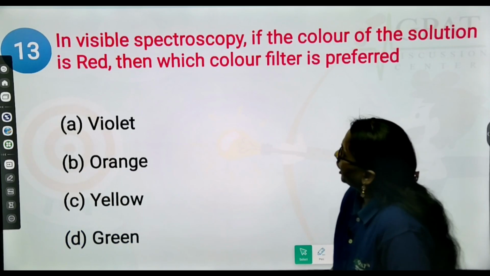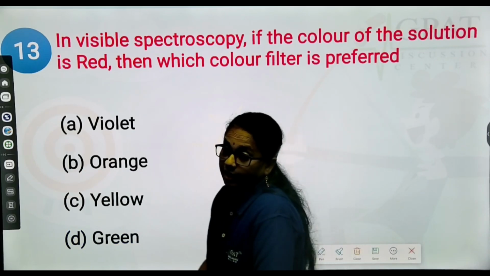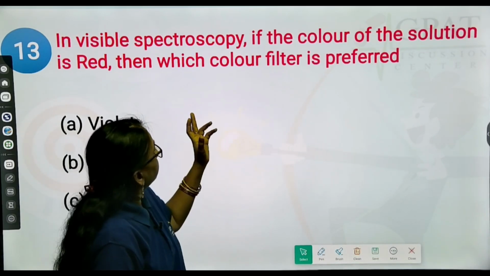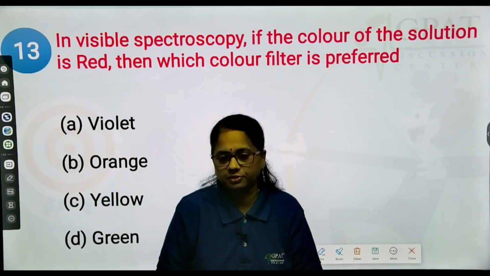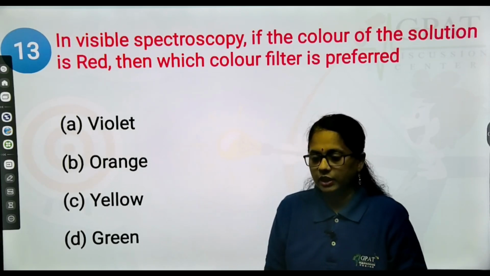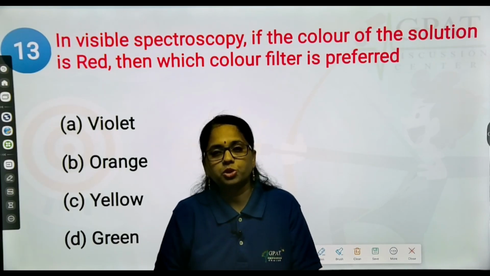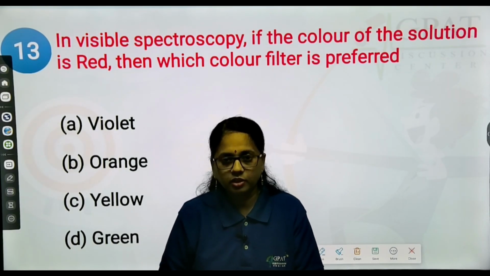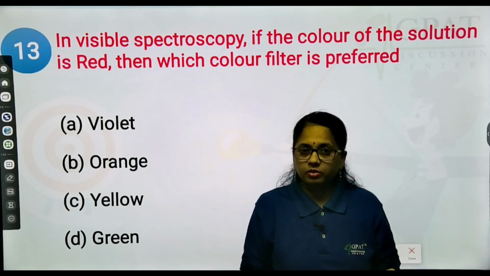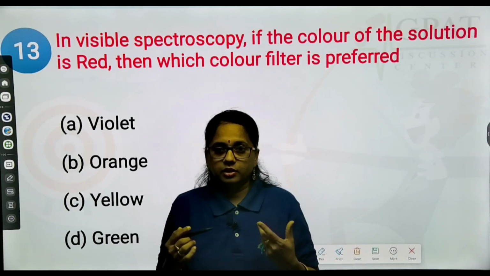Next question: in visible spectroscopy, if the color of the solution is red, then which color filter is preferred? In the case of the filters used for the UV spectrophotometer, absorption is a different thing.